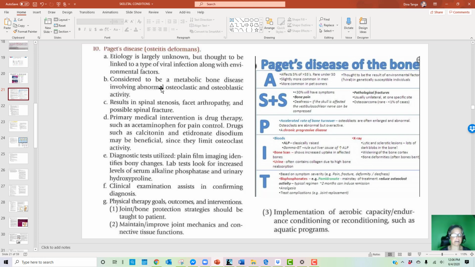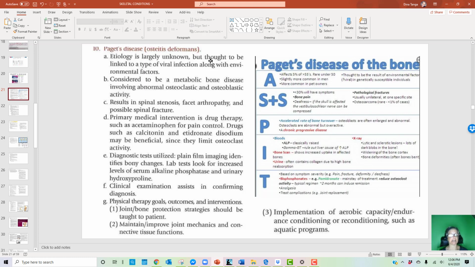The etiology of Paget's disease is largely unknown, but thought to be linked to a type of viral infection along with environmental factors. Considered to be a metabolic bone disease involving abnormal osteoclastic and osteoblastic activity.